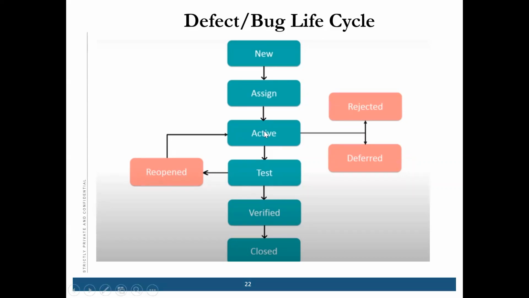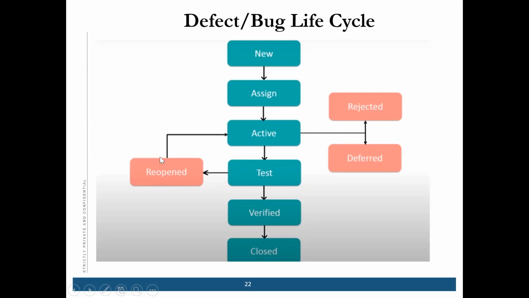Then they will resolve that defect and assign it back to the tester for testing or retesting. Here comes the tester's responsibility to change it to verified or to reopen it if it is not resolved.